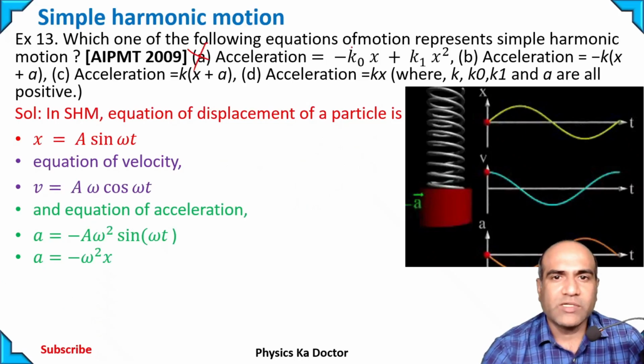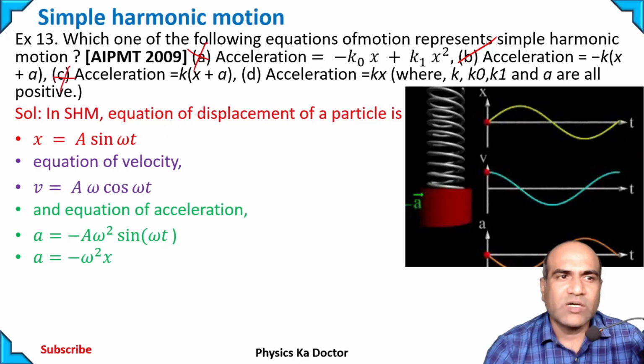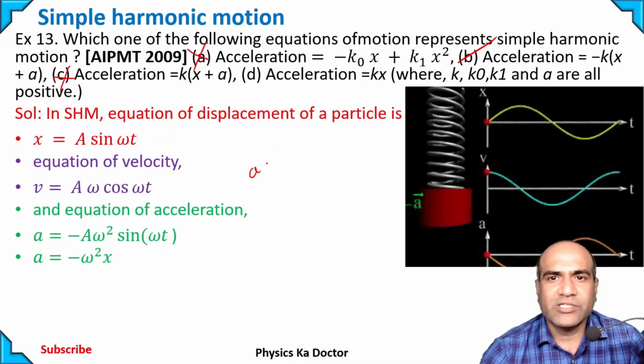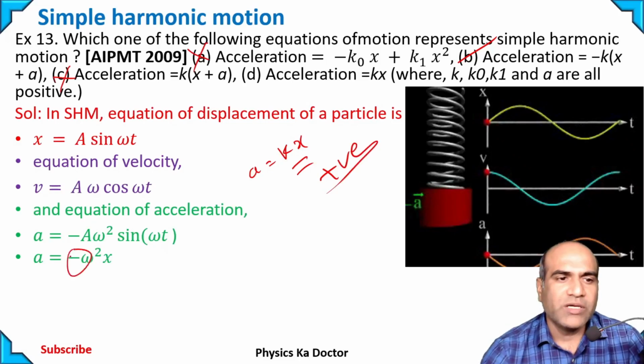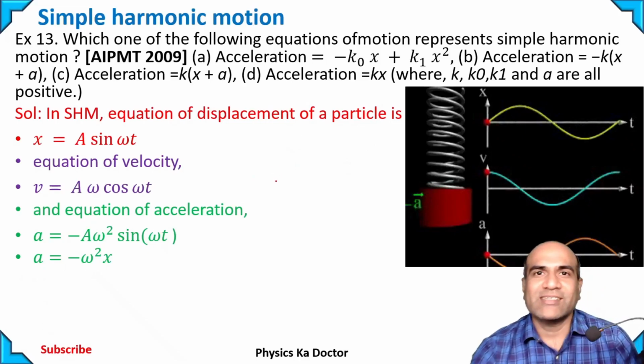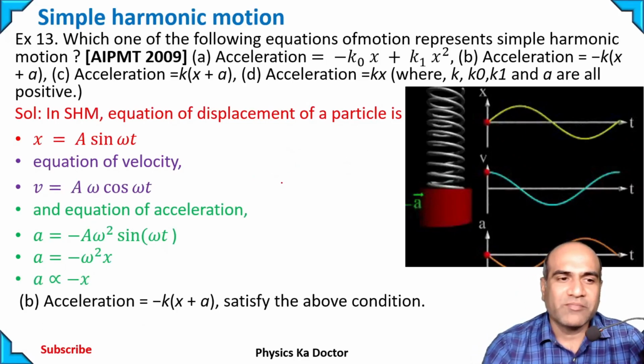A is not possible, B is yes. D, acceleration equal to kx. Again it is positive, and our answer should be negative. So what is our answer? Tell me, what is our answer? Of course it is B. B is minus k in bracket x plus a, which satisfies the above condition. Simple. Answer is B.